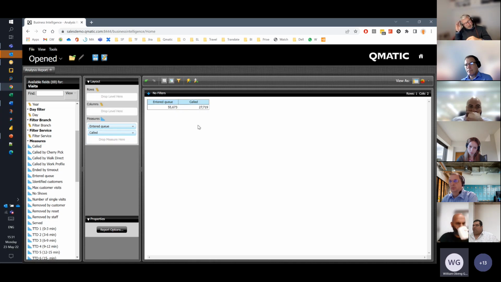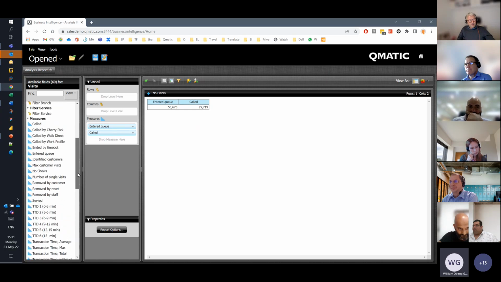And you can see, and again, this is a demo system, so the number of customers called from that queue is much lower than the number of customers who entered the queue. And I know the reason why. This is used for demonstration purposes. I have a lot of colleagues using this and they create tickets, but they never call them. So those tickets are removed from the system. And we actually have a metric for that.